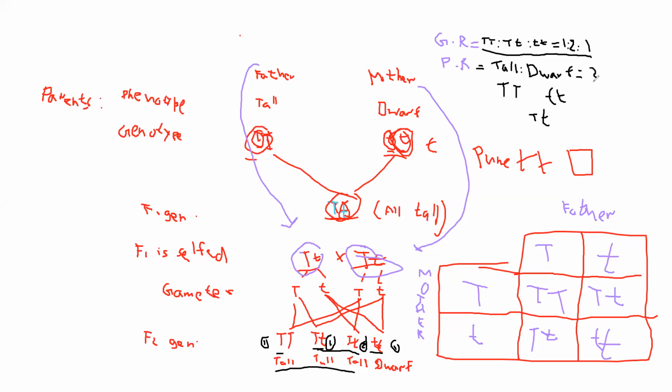We have three tall, and one dwarf. So this is how we cross. This is the phenotypic ratio. Is there any doubt? No doubt, right? Can I move on?